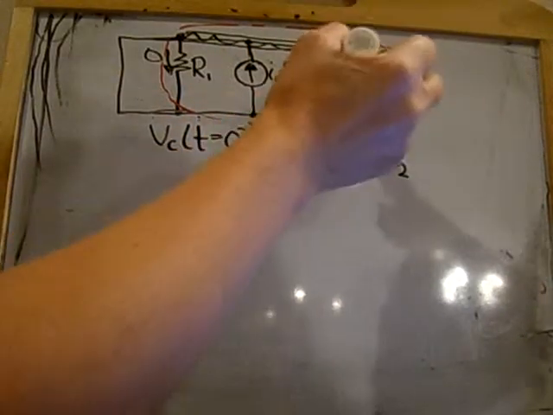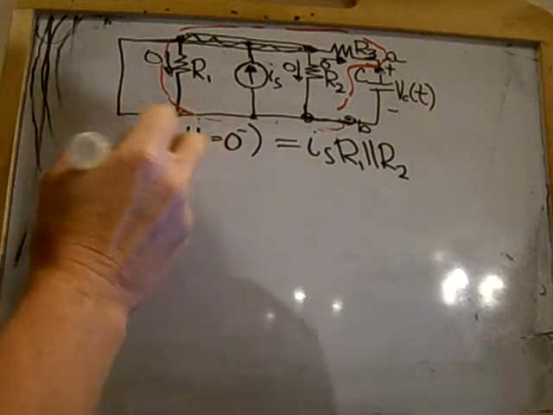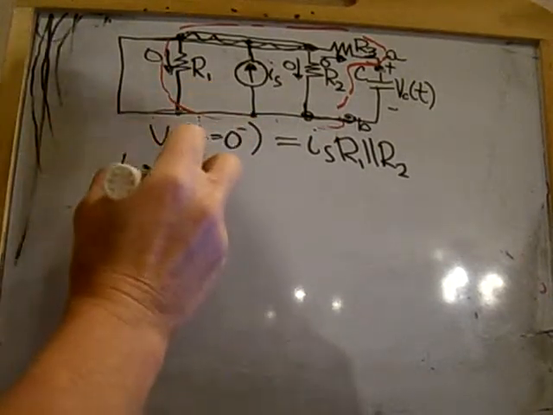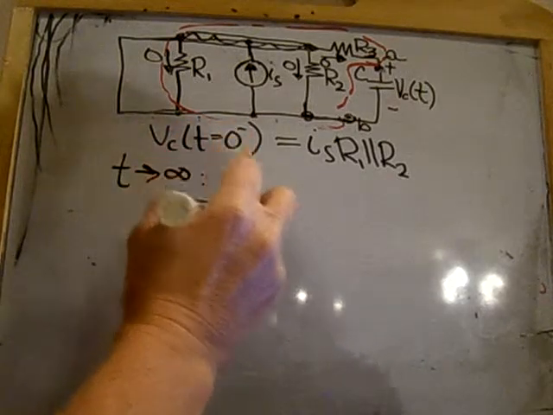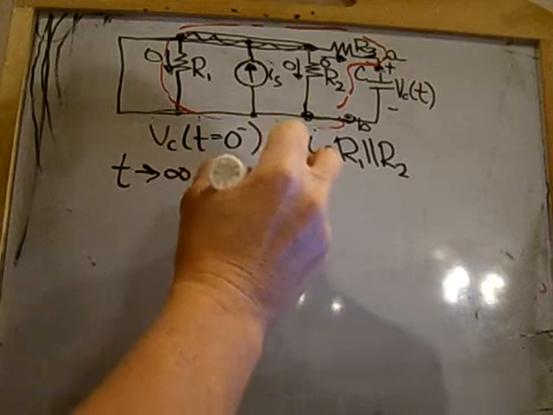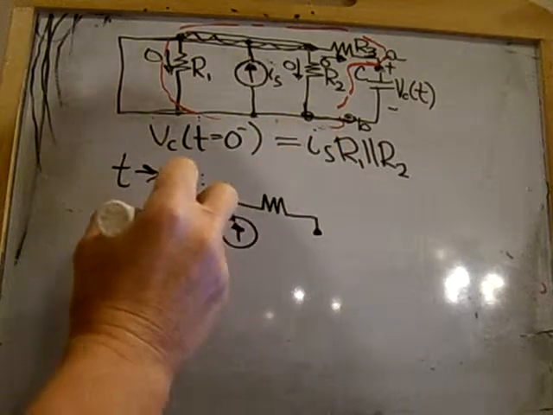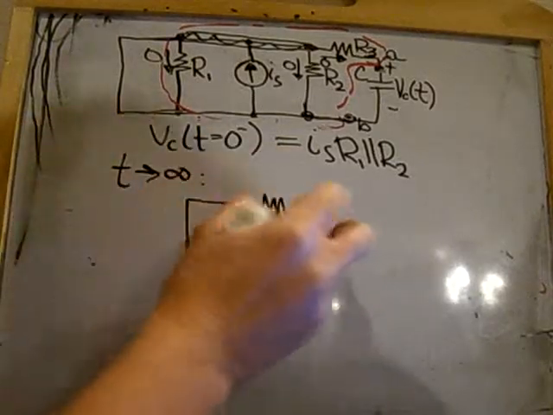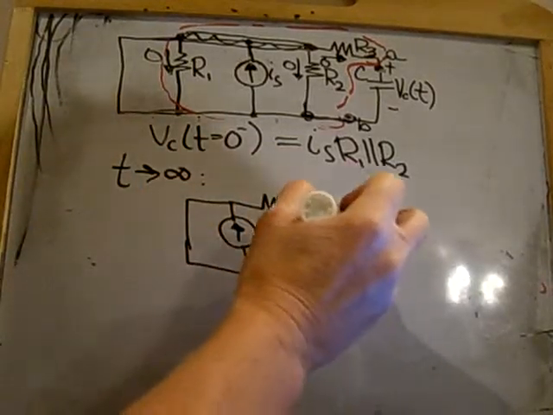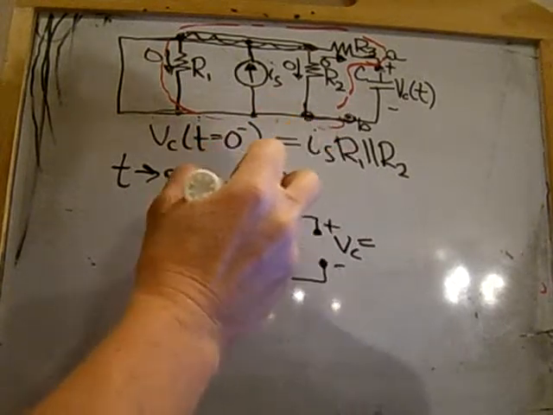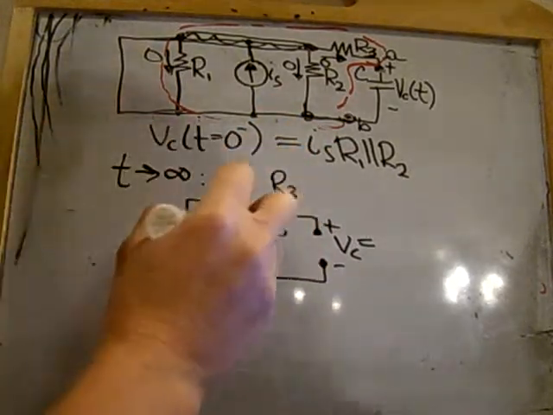So this becomes an open. And then to find the voltage between here and here, there's no current flow through here because it's open.